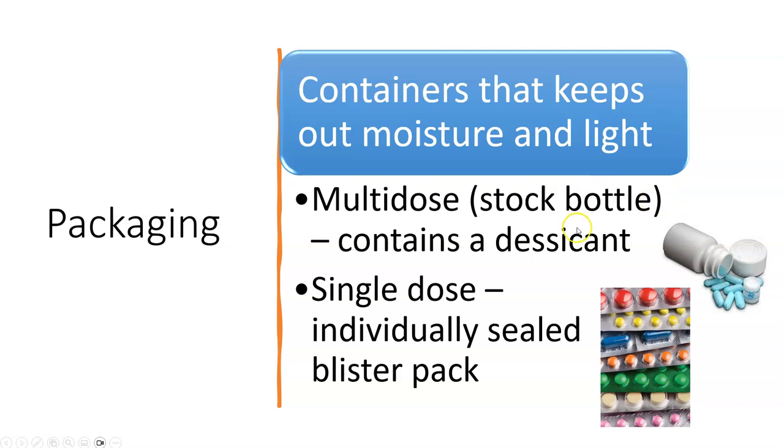These desiccants have to be dispensed in a multi-dose stock bottle. If things are individually sealed into blister packs, that is considered a single dose or a unit of use. Manufacturing has to be described in the whole process of how the drug is approved by the FDA.